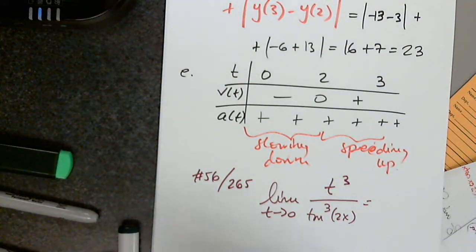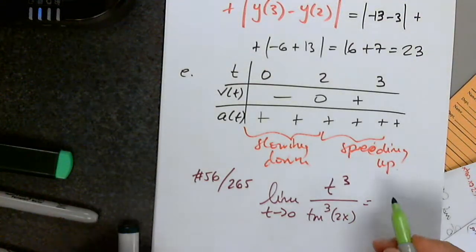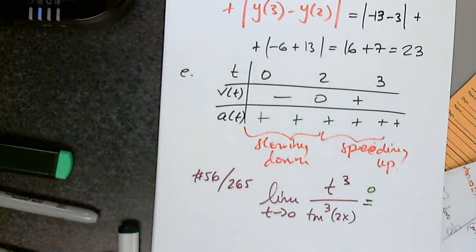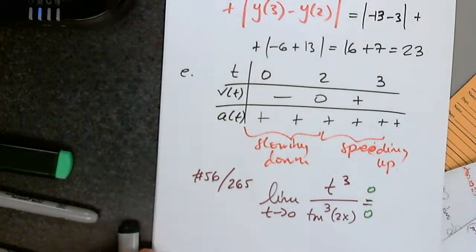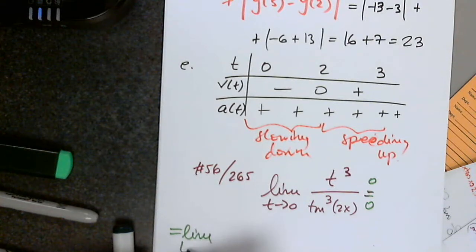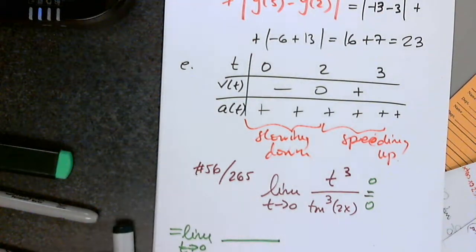Yes, because I have to identify the type. So when you plug in 0 at the top, what do you get? Good. What do you get when you plug in 0 in the denominator? 0. I know something that works here. What is it? Yes? Good. L'Hopital's rule.